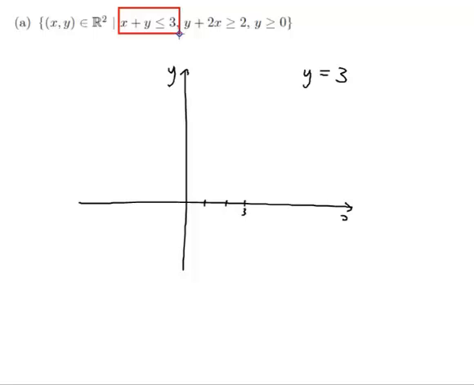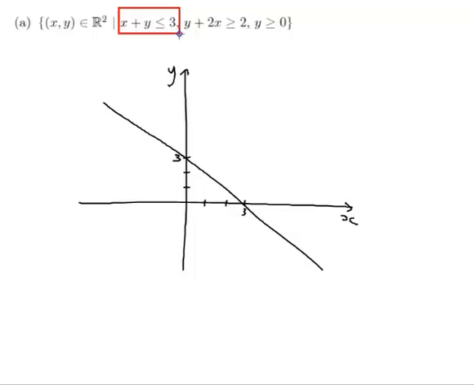So I can put a 3 there. It looks like my x needs a bit of help. That's better. So my line would join up those 2 points. So it goes something like this. That's the line. X plus y is equal to 3. Well, that's good.